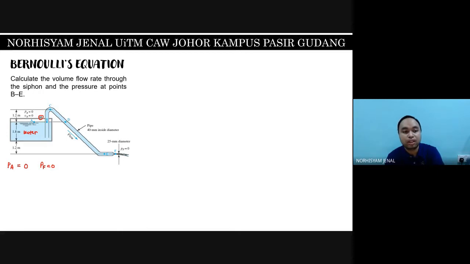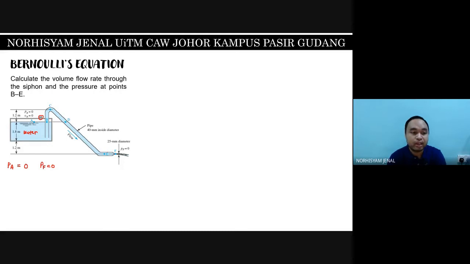Because as long as the liquid meets the atmosphere, whether at the surface of the tank or at any opening inside the pipe, the pressure should be equal to 0.